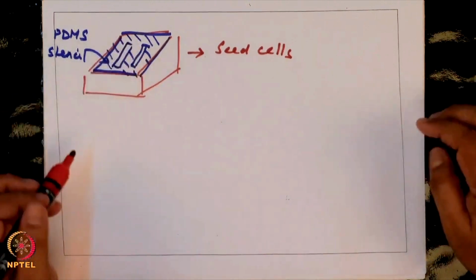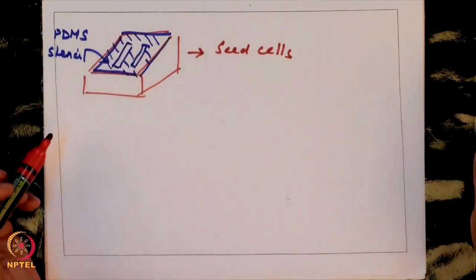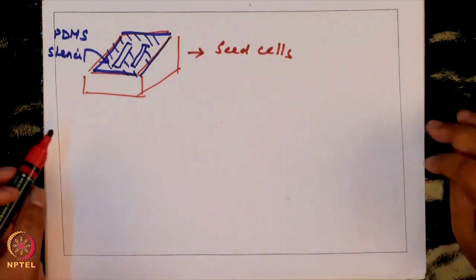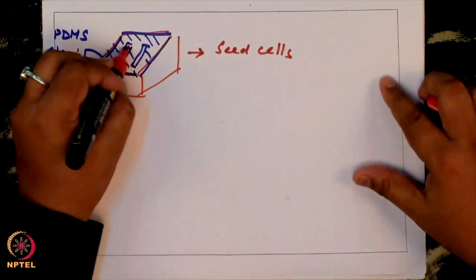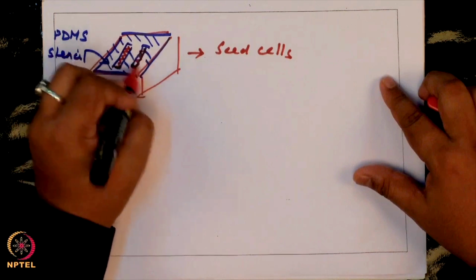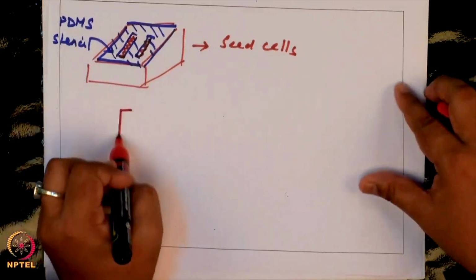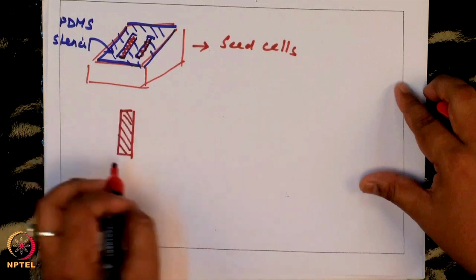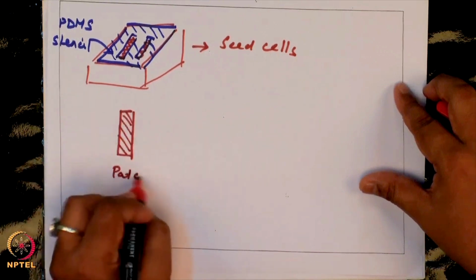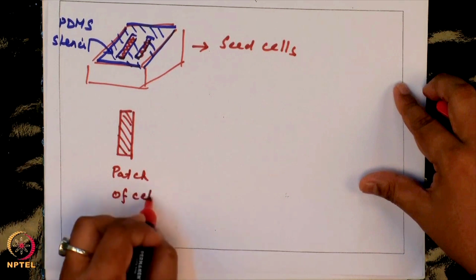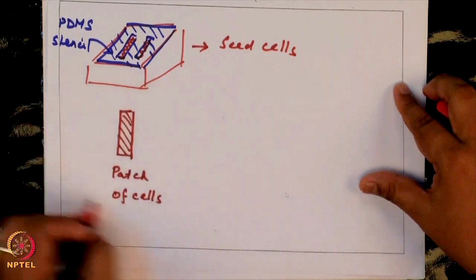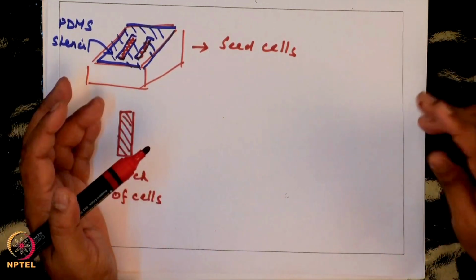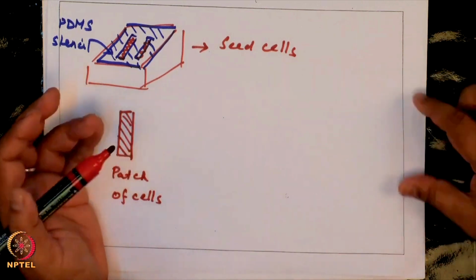In this entire hashed region in blue, cells cannot sit, so the cells instead populate the space available. What you essentially have is a patch of cells, and around it is an area which is not accessible to the cells.